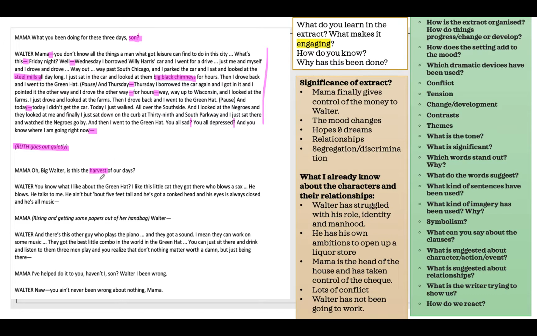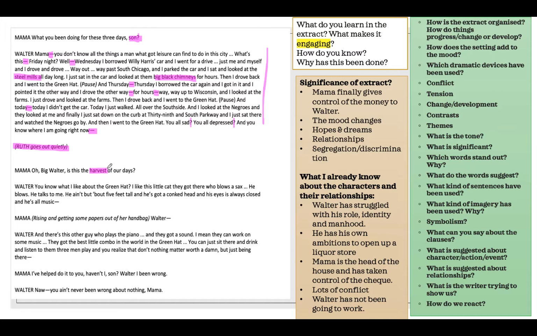So it's interesting that she uses the word harvest here. Not only does harvest remind us of field work, quite difficult work, manual labour, but it also has religious connotations of reaping and harvesting and kind of creating something new, a new life.